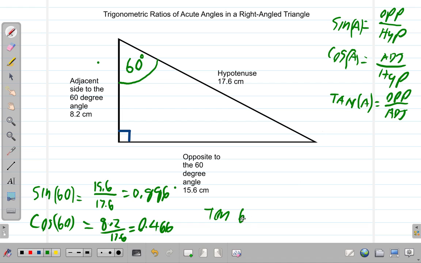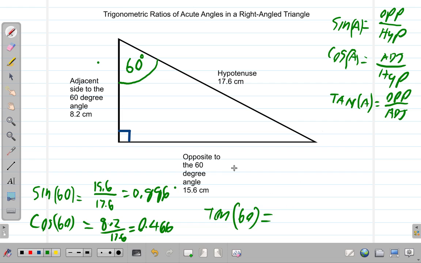And then the tangent of the 60 degrees is the length of the side that is opposite to it, divided by the length of the adjacent side. So remember, we're dealing with 60. So A is a general angle. It can be anything, but in this case, our A is 60. So instead of saying tan A, we're saying tan 60.